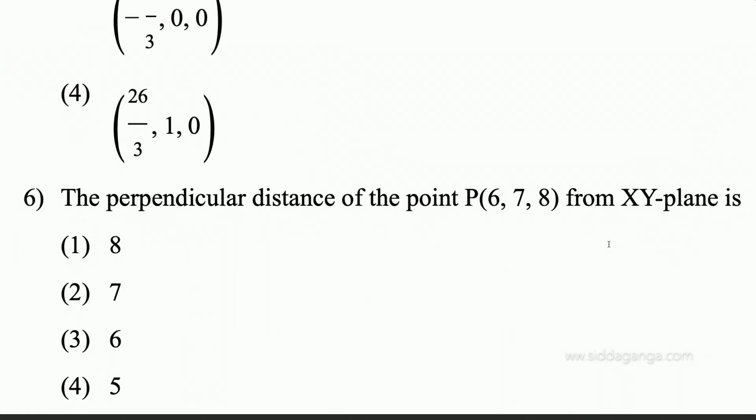Okay, let's move on to the sixth question. The perpendicular distance of the point 6, 7, 8 from the xy plane is.